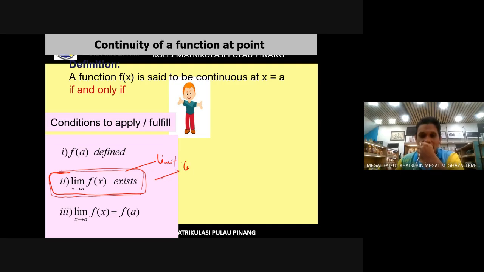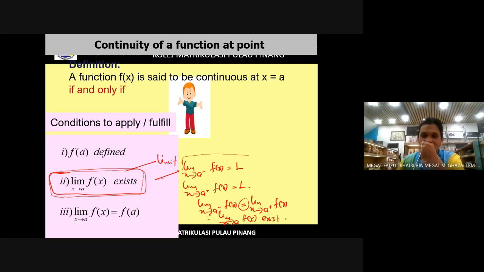Limit means that the limit of x approaching a from the left of the function f(x) equals L, and the limit of x approaching a from the right of f(x) is also equal to L. If the limits from left and right are equal, then we conclude that the limit of x approaching a of f(x) exists.